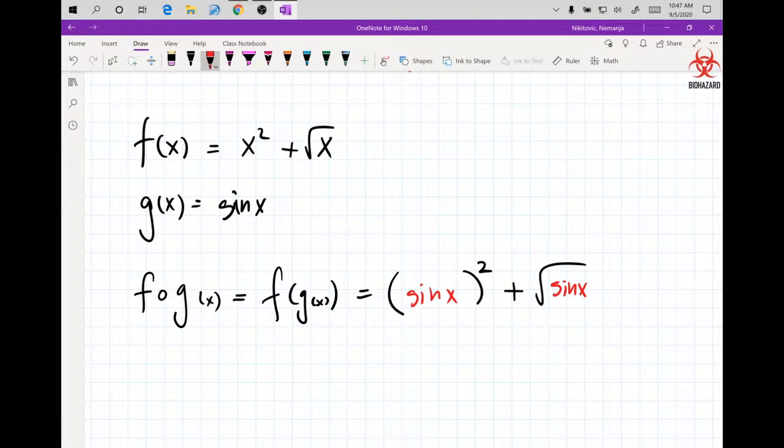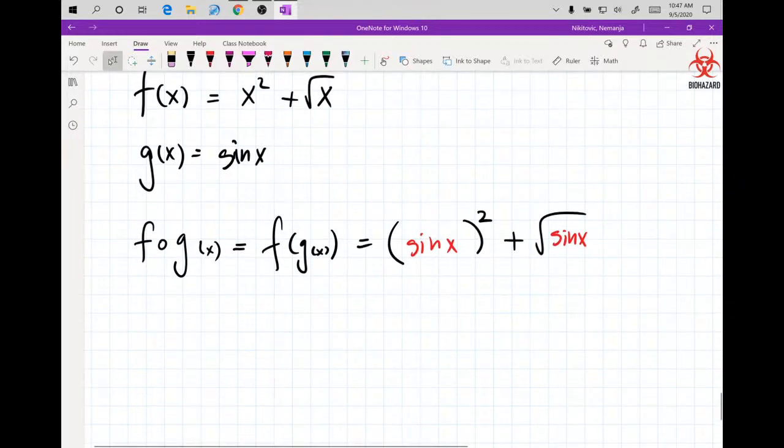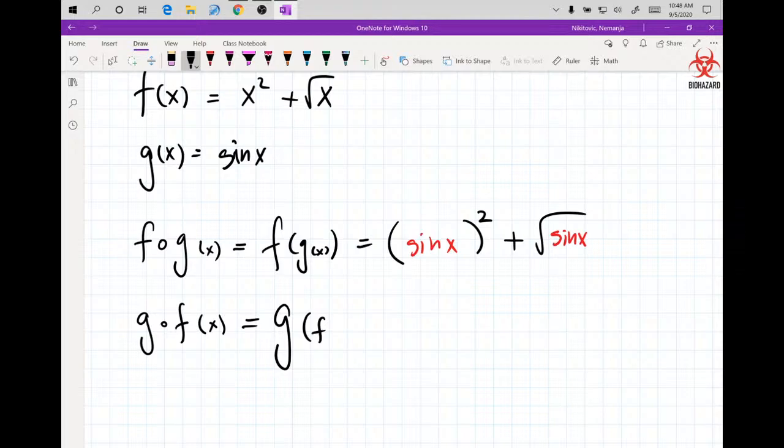You can also do this backwards. You can have g composed with f. This is a little circle. It's not O, it's not a dot, it's a little circle. And that's g is the boss and f of x is plugged in. So g is the boss, that means sine of f. And what's f?